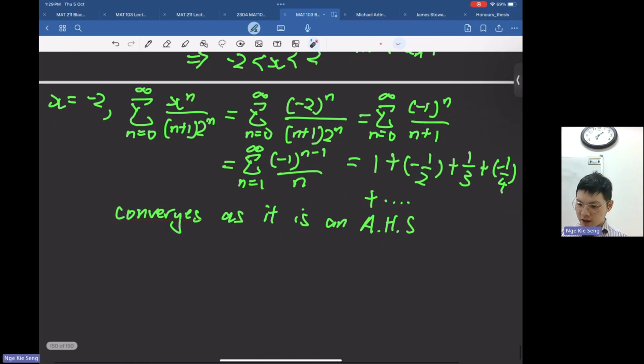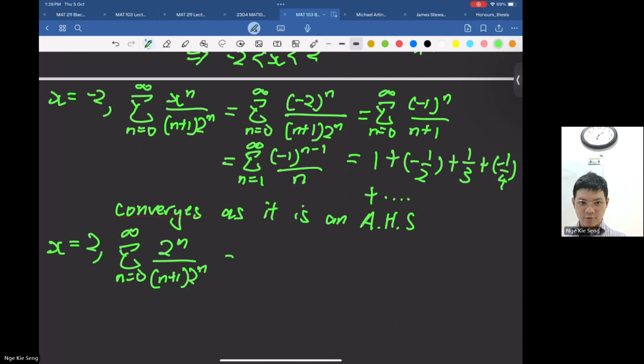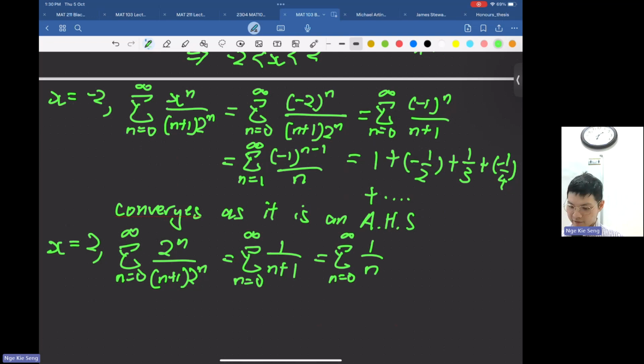So how about the other endpoint? One endpoint converges. How about the other endpoint? You try and guess. Quickly do the computation. It is a harmonic series, so it diverges.